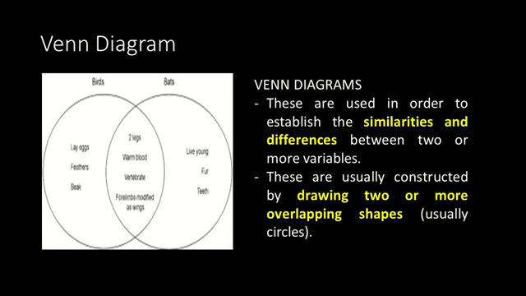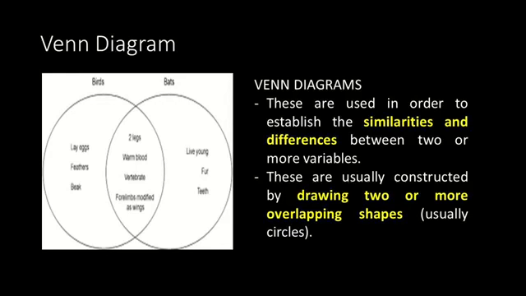As you can see in the examples, there are 2 overlapping circles, and what's found inside the overlapping space would be the similarities between birds and bats, and what we find in the non-overlapping space would be the unique characteristics or the differences between birds and bats.